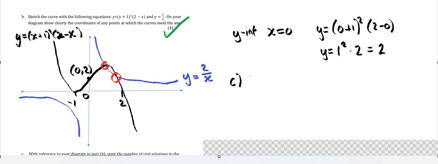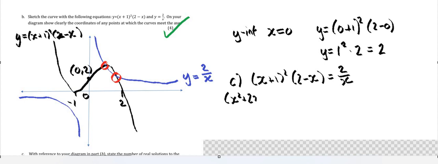So if we make the equations equal, so (x plus 1) squared times (2 minus x) is equal to 2 over x. And let's expand out the left-hand side. So (x plus 1) squared is x squared plus 2x plus 1, times (2 minus x). That's equal to 2 over x.